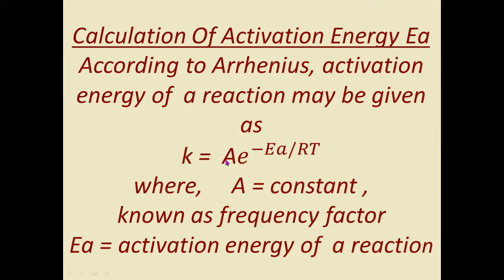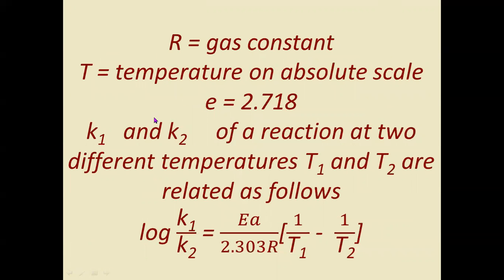A is called frequency factor and it is constant. EA is activation energy of the reaction, and R is gas constant. T is temperature on absolute scale, means absolute temperature or temperature in Kelvin, and value of e is 2.718.